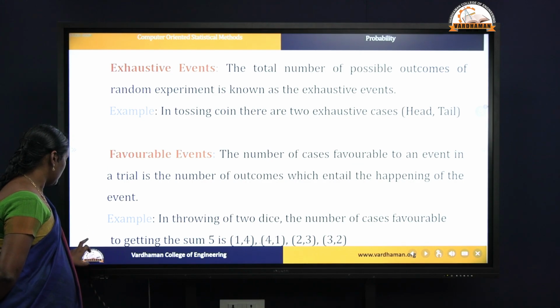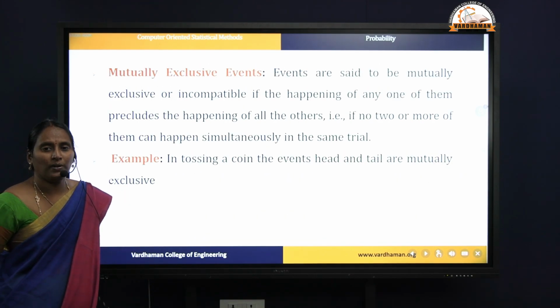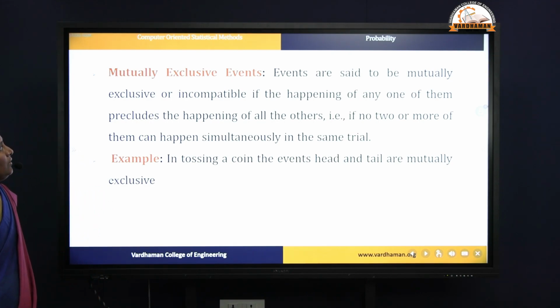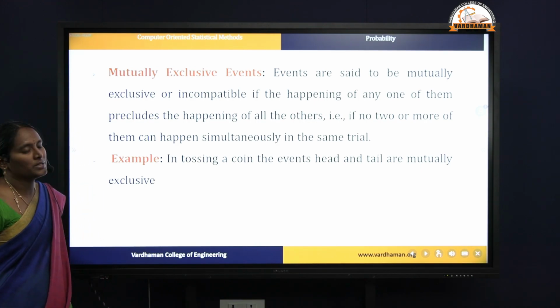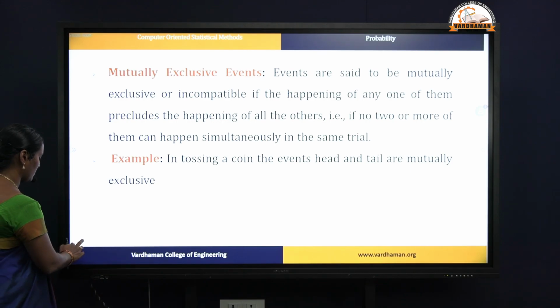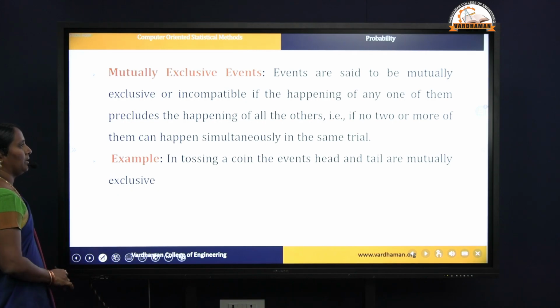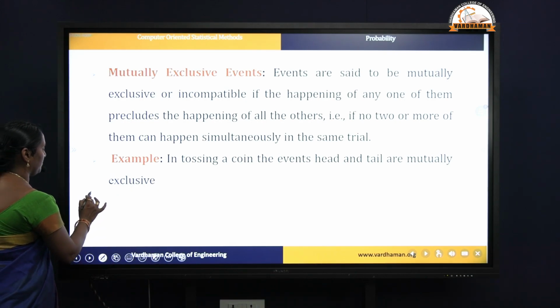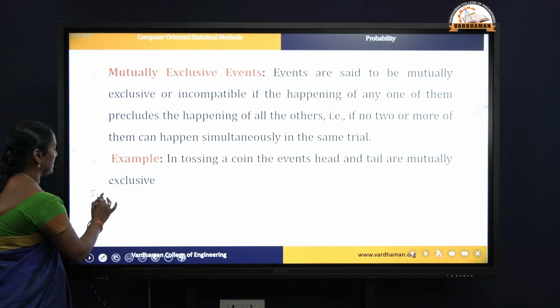Now let us see the next definition, mutually exclusive events. Events are said to be mutually exclusive, or incompatible, if the happening of any one of them precludes the happening of all others. To explain this concept, let us go with a small example. Suppose we have a sample space of 6 events.